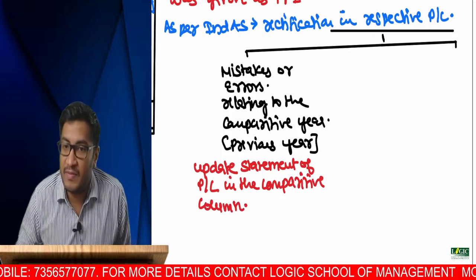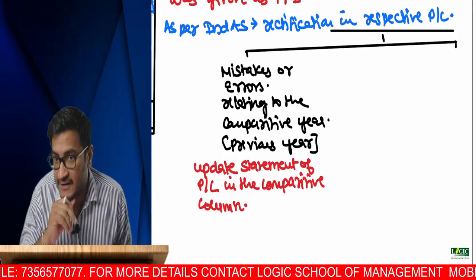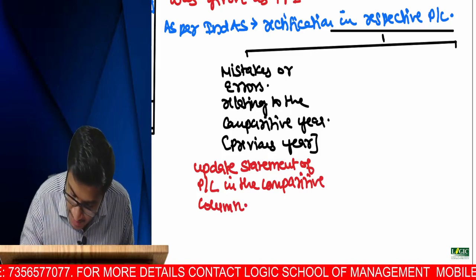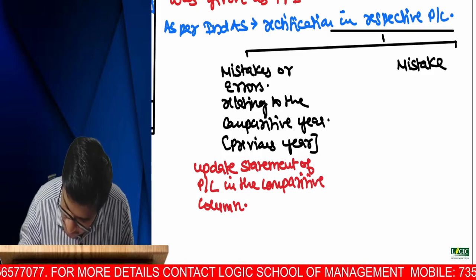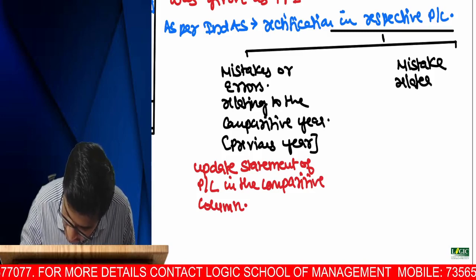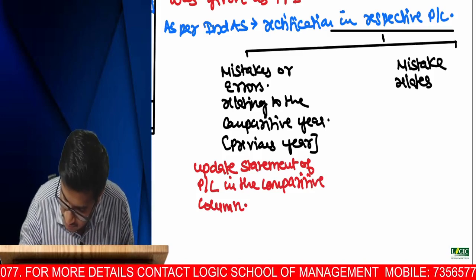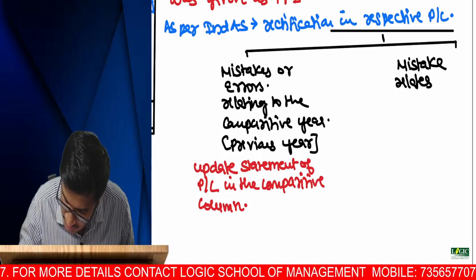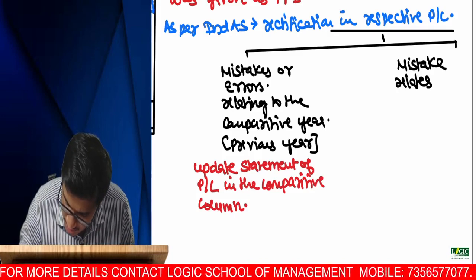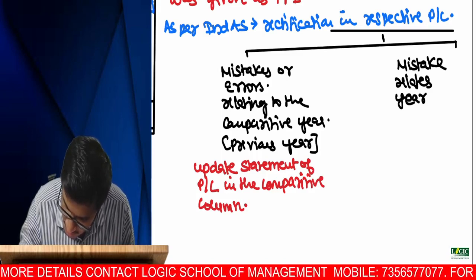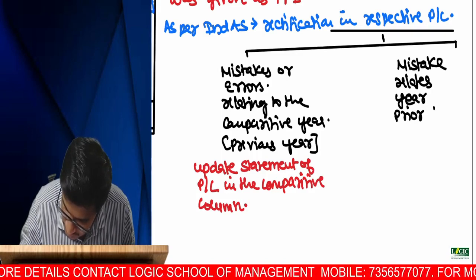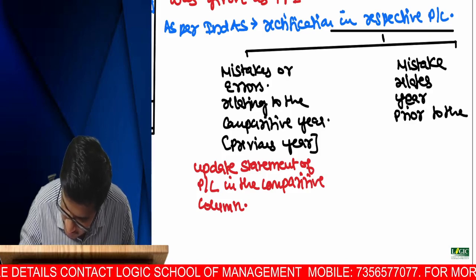In the comparative column itself, you will be showing the update. Clear? But assume that the mistake relates to year prior to comparative year.